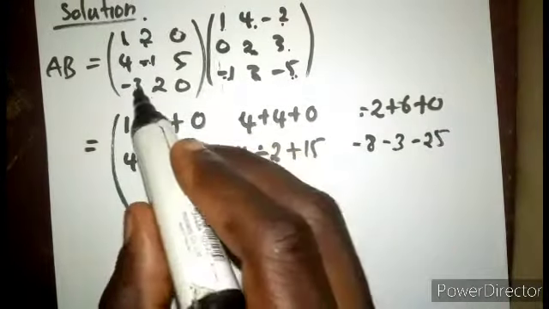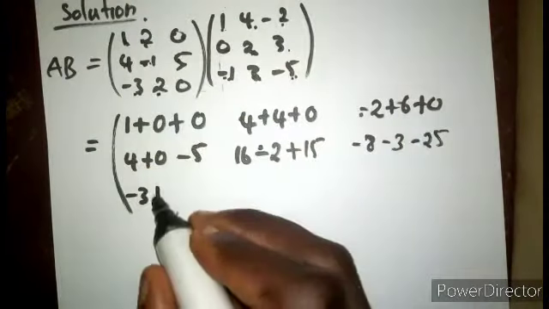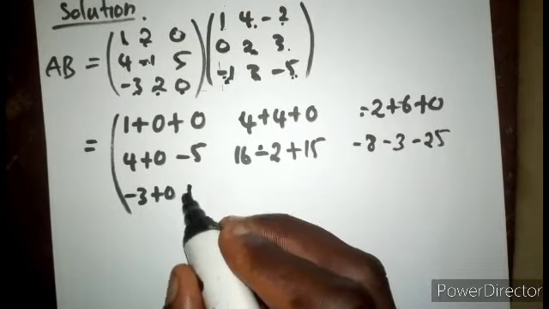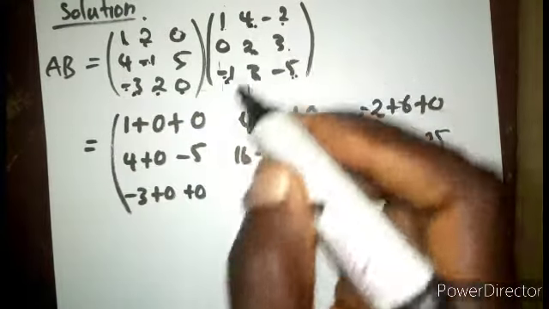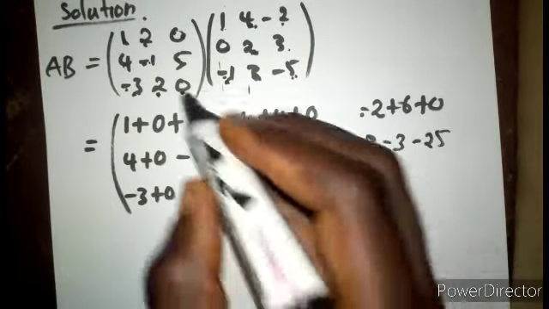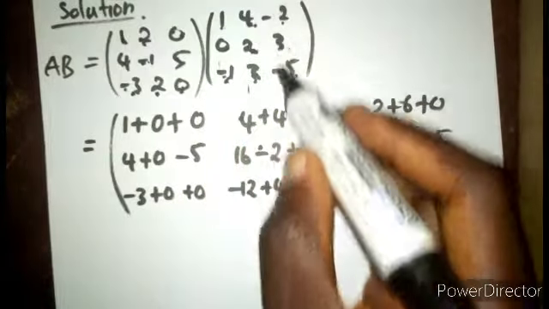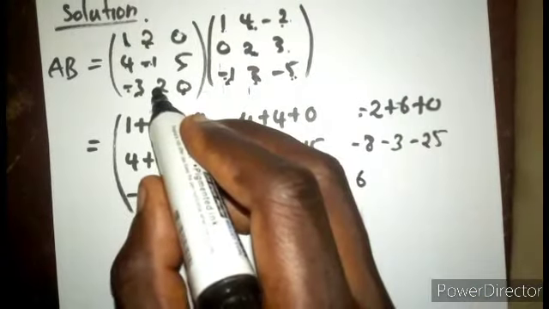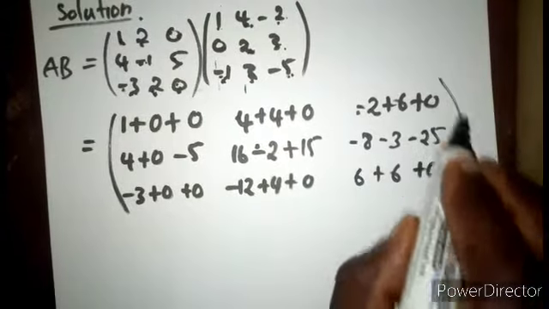Third row, first column: -3 times 1, -3, 2 times 0, 0, 0 times -1, what? 0. Third row, second column: -3 times 4, -12, 2 times 3, 6, 0 times 3, 0. Third row, third column: -3 times -2, plus 6, 2 times 3, 6, 0 times -5, 0.